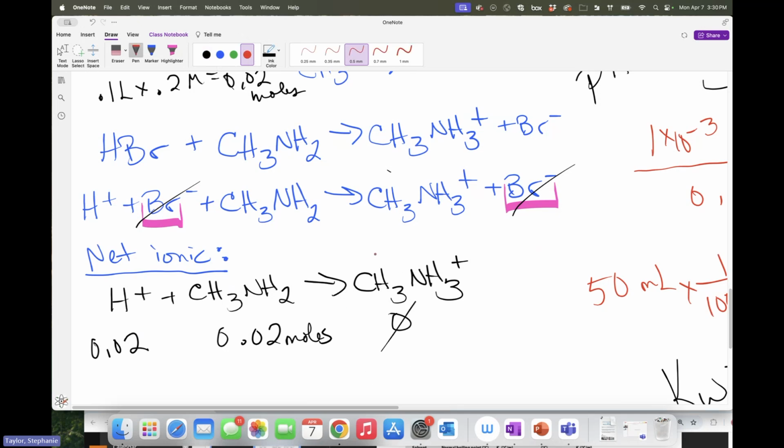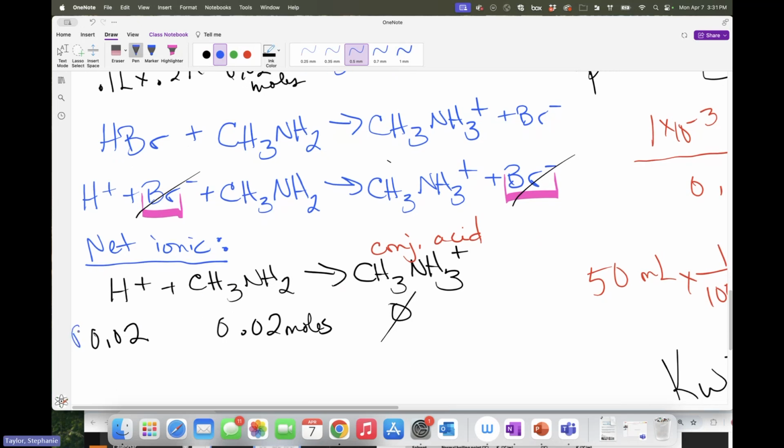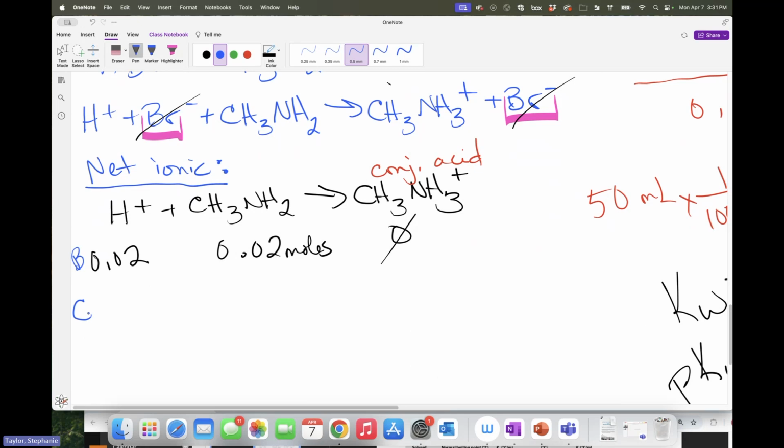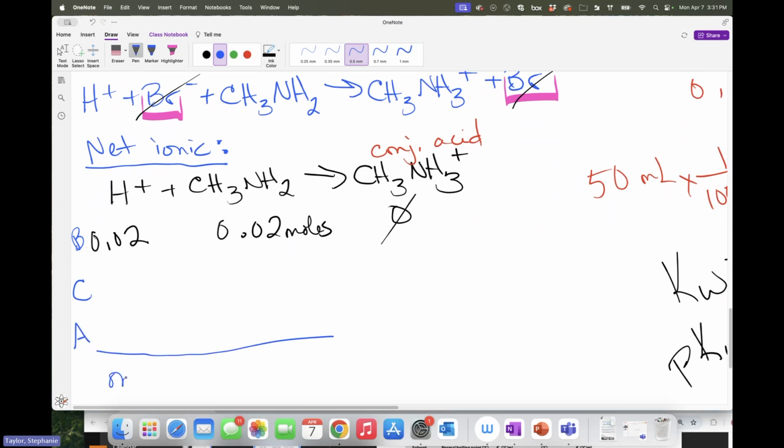But what you might notice is this is my conjugate acid, and I am going to keep track of this. It is an acid by itself, so I need to keep in mind what it is, because it could affect the pH. So that is my before. Then I need my change and my after. In my after, one of my reactants goes to 0. I look at my 0.02 on both my reactants.